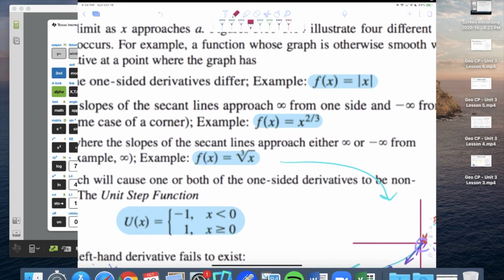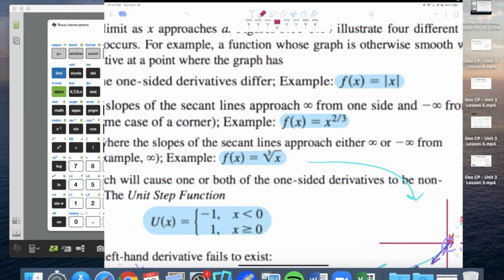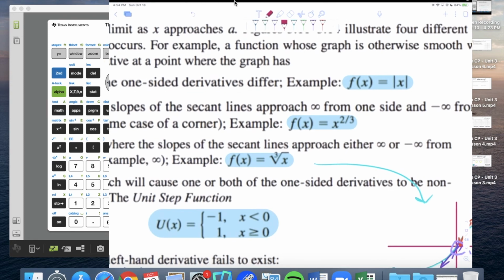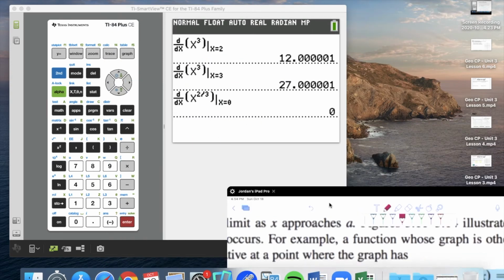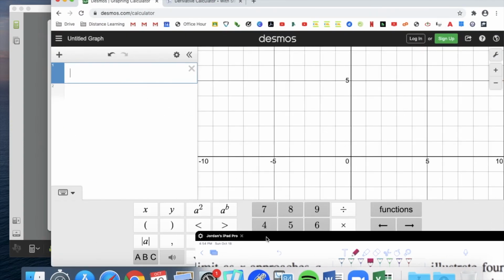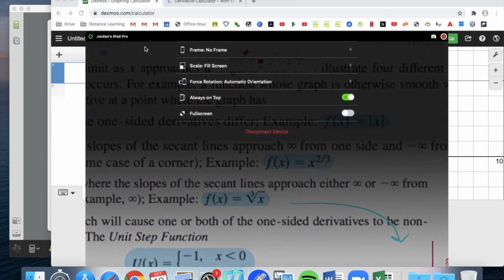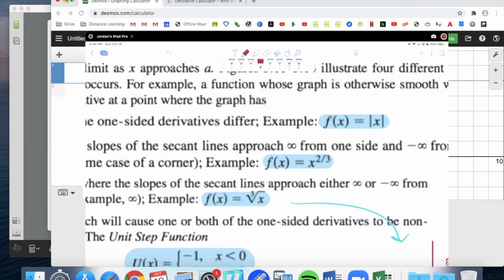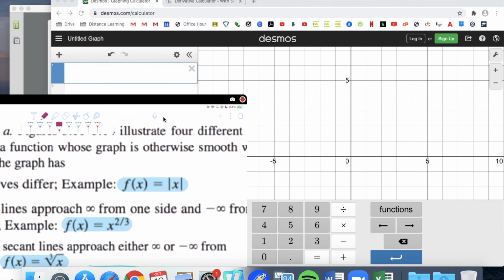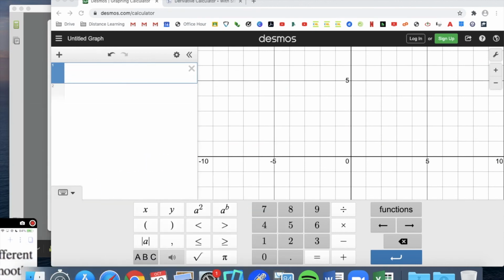There we go. That's the exact style I want. Okay, that's what I was doing earlier. I don't know how I did that. All right. What are some other calculators we have? Well, we have Desmos. Why can't I not put this down? Okay, it is what it is.